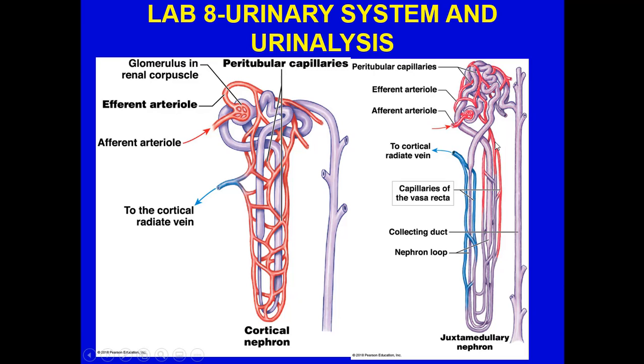But then they start going down, they go in these very long channels, which eventually end up being more vein-like due to oxygen loss. And what's going on here is these are what the capillaries of the vasa recta are. These are going to basically take up the reabsorption of various water, glucose, and ions, etc.